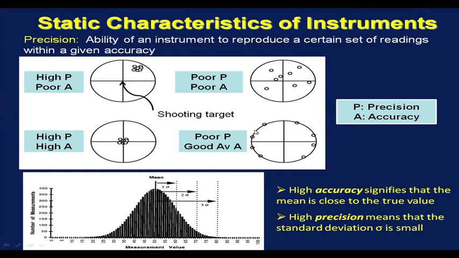So, you can say that this is a case where good average accuracy is there, but there is no precision. So, it is the case of poor precision, but good average accuracy.